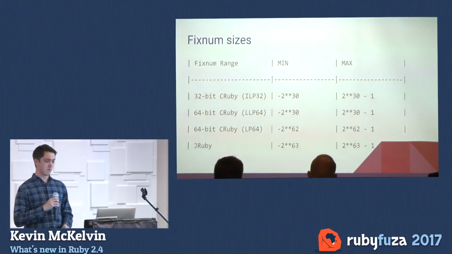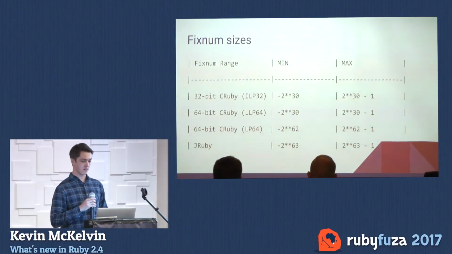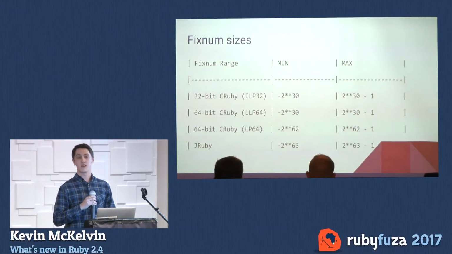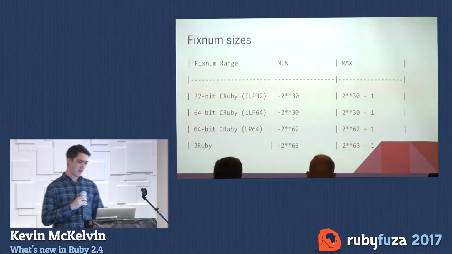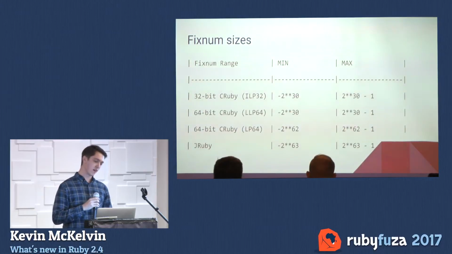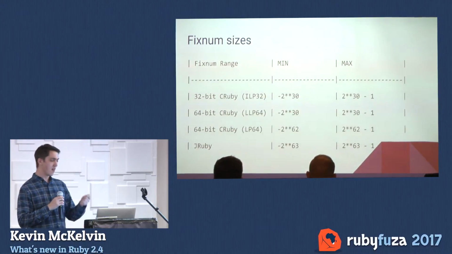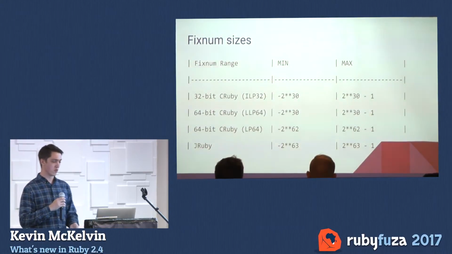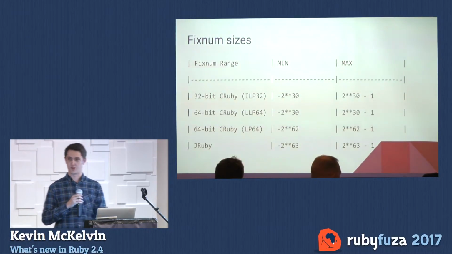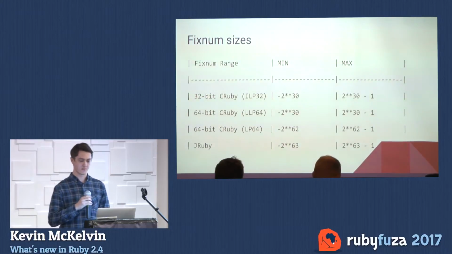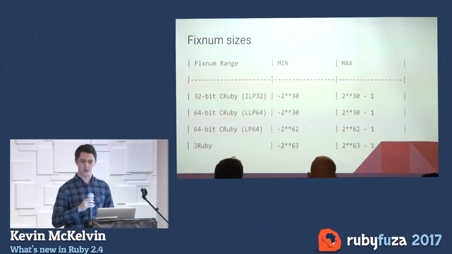What that means is that we get signed integers in Fixnums that have a range of values that we can use. You have a negative minimum, positive maximum, and depending on whether you're in 32-bit or 64-bit C Ruby, you'll get a certain min-max, and JRuby, because it's running on the JVM, has its own size.